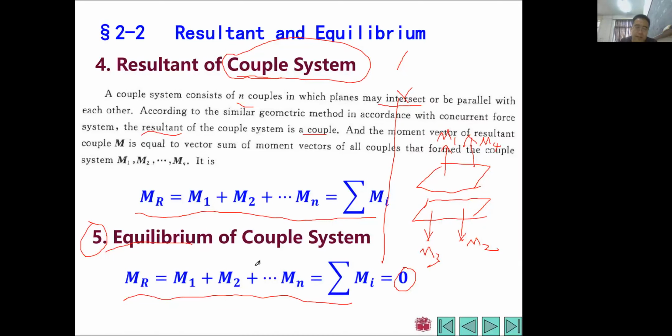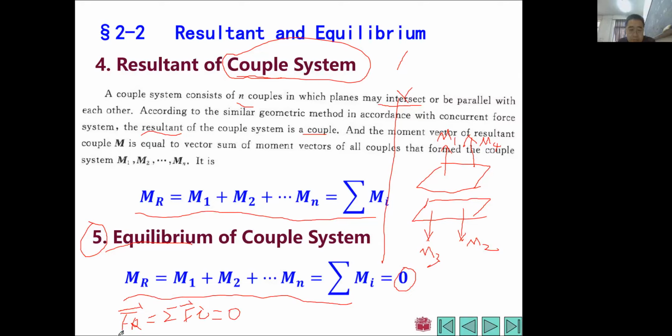So once again, we can recall the condition of a concurrent force system. If it is a plane concurrent force system, then its resultant force, the sum of Fi, should equal 0, right?